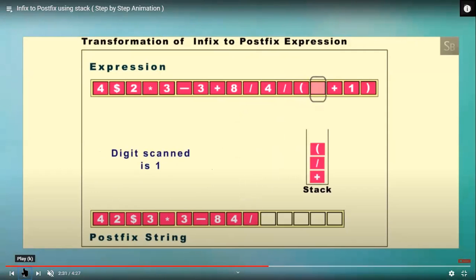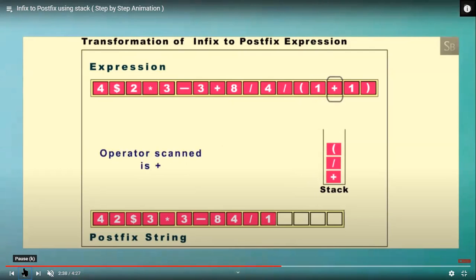Then we scan the opening bracket. The opening bracket will not be compared, but it will be pushed into the stack, and we already have the operators plus and slash. The next digit scanned is 1. 1 is a constant, so it will be added to the postfix string.